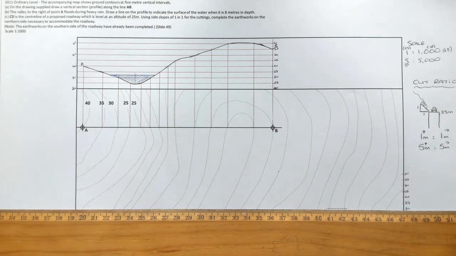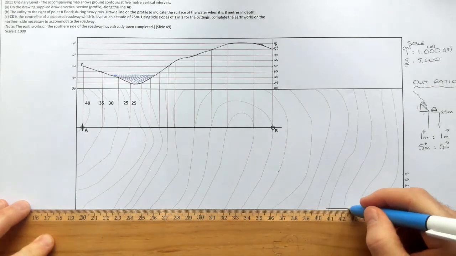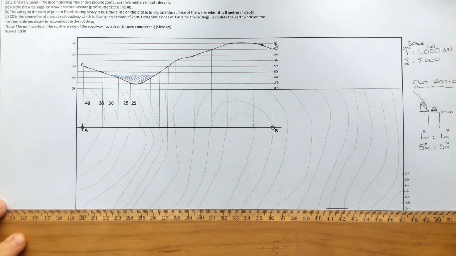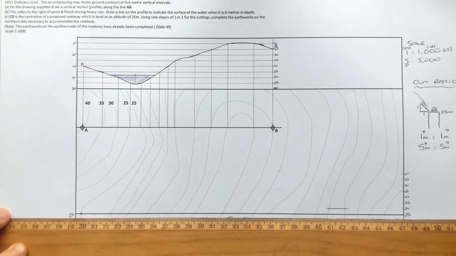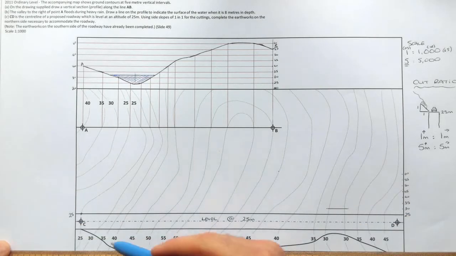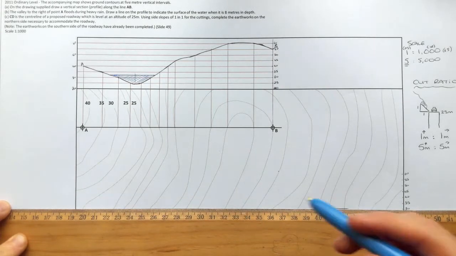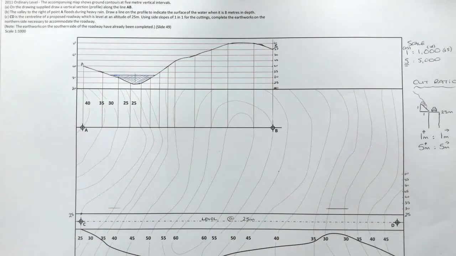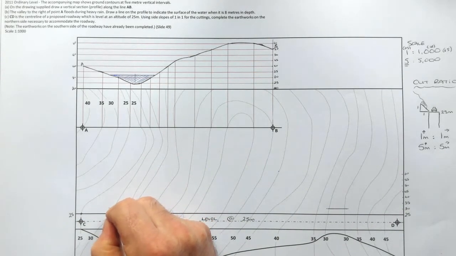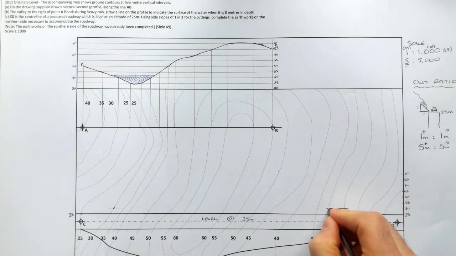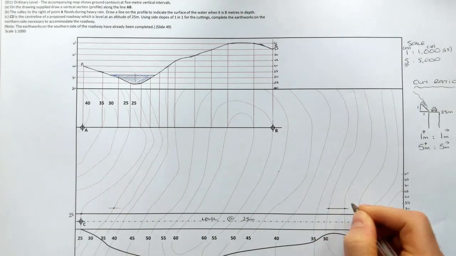Should have put that in red, sorry. Okay, and I've also got a 30 all the way over here, which is the second one in, which is that one there. Now if you wanted, you could do it that way where you're just trying to keep it neat and tidy. Okay, so there's the 30, got another 30 contour here and another 30, and we'll work our way up.